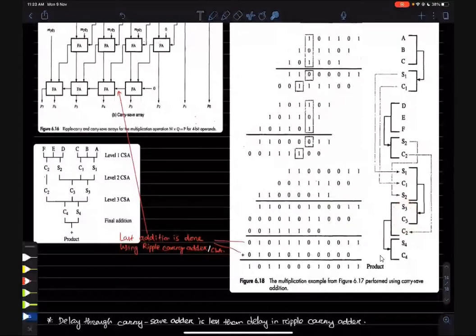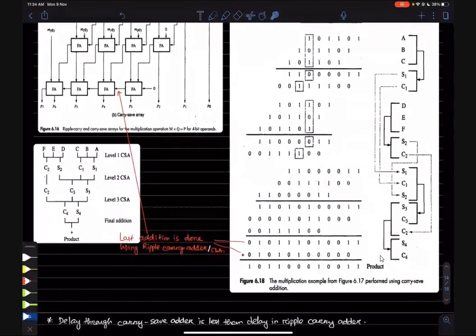Now S3 and C3 will be added with C2. This is C2 that we have generated, so C2 will also be coming here and we will do the addition of S3, C3 and C2. This is the third CSA level, level 3 carry save addition, where C2 comes from the previous result and S3 and C3 are just generated.